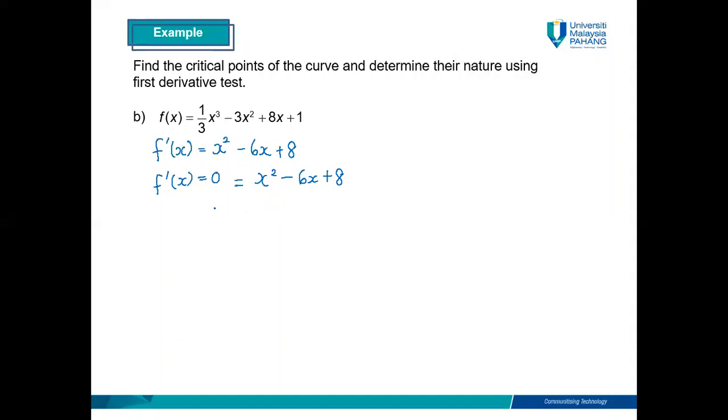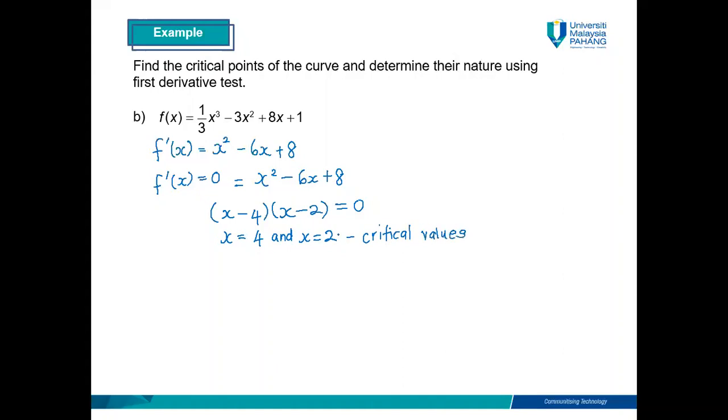You can factorize this: for 8, 4 and 2, you can put 2 here and 4 here, either way. Since the middle term is negative and the last is positive, both signs are negative. So x is equal to 4 and x is equal to 2. Those are the critical values, values because you have more than one.